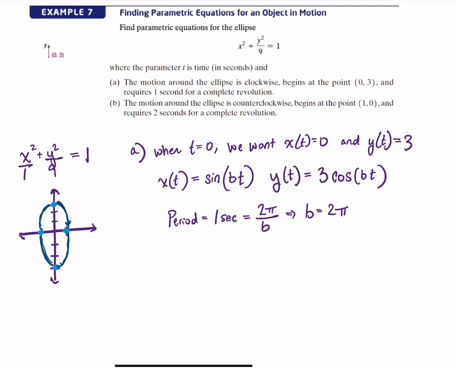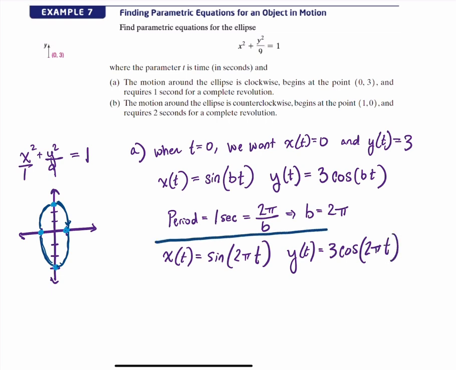So our set of equations should be x of t will equal the sine of 2 pi t, and y of t will equal 3 times the cosine of 2 pi t. So a set of parametric equations that define an ellipse.